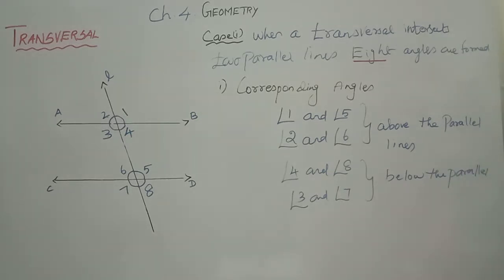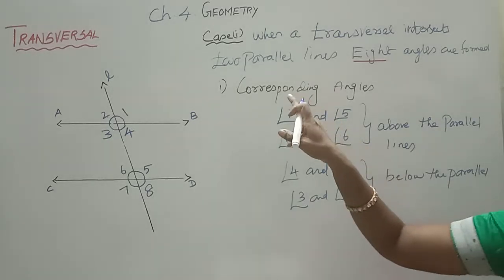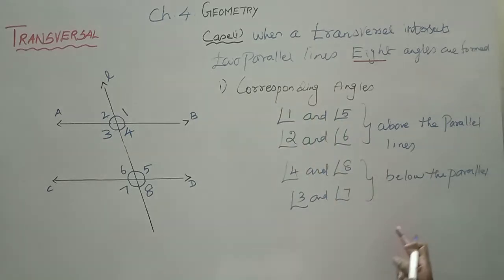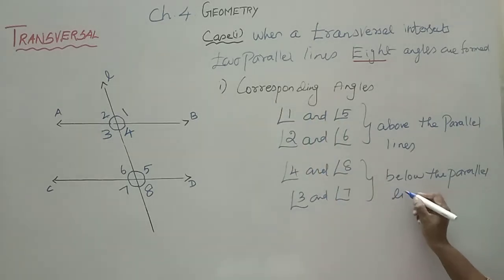So, when a transversal intersects two parallel lines, 8 angles are formed, and the first type is corresponding angles.